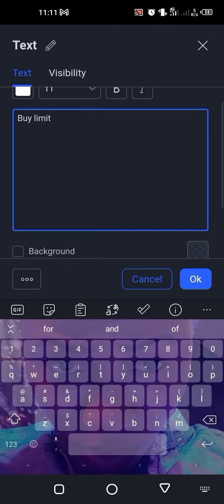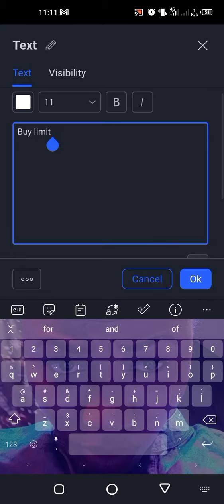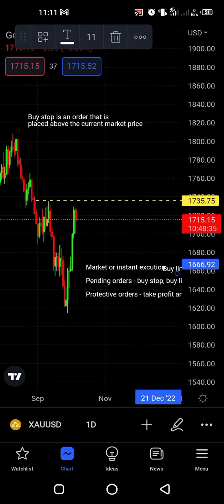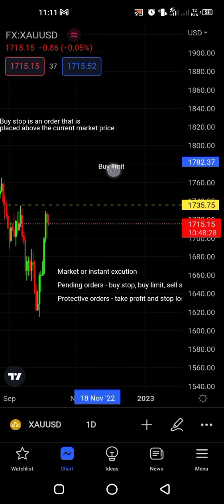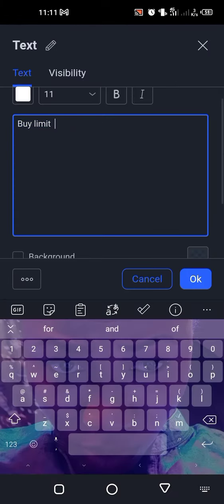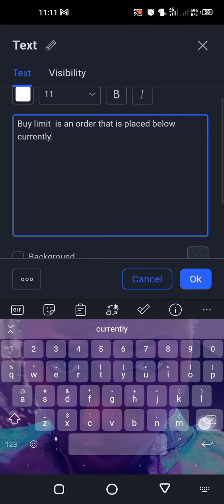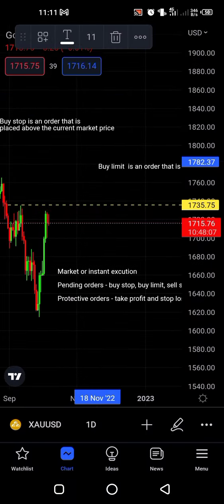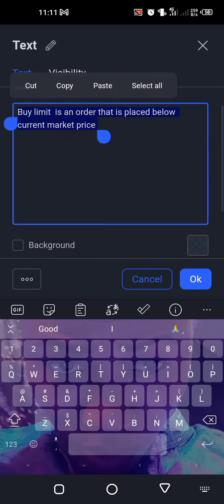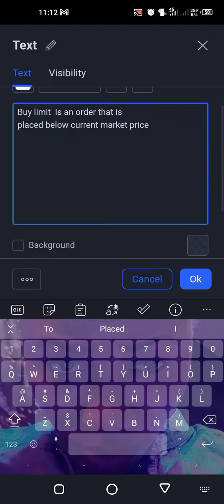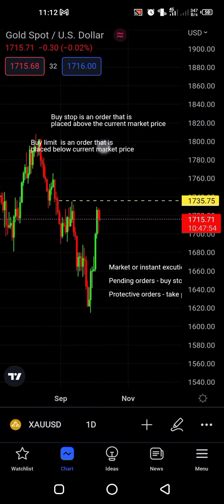A buy limit is an order that is placed below current market price. Let's do what we did to the other one.